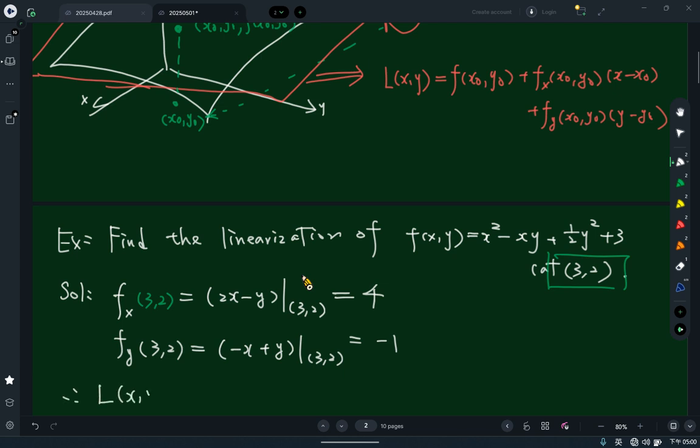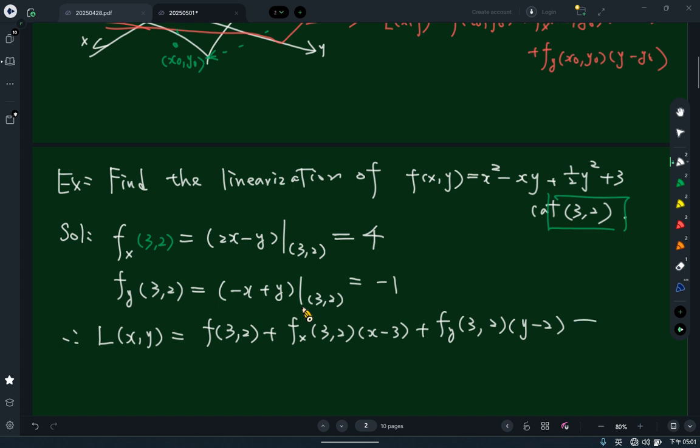L of (s, y) is equal to f of (3, 2) plus partial f partial x at (3, 2) times (s minus 3) plus partial f partial y at (3, 2) times (y minus 2). So finally, through some calculation, the answer is this one. So this is the linearization.